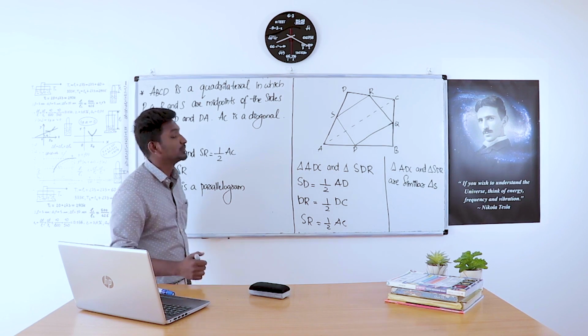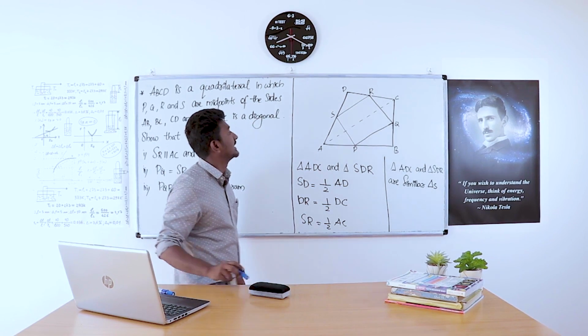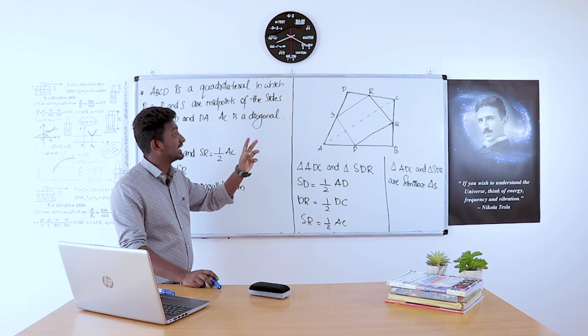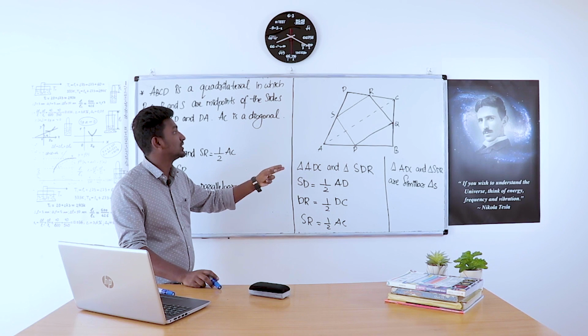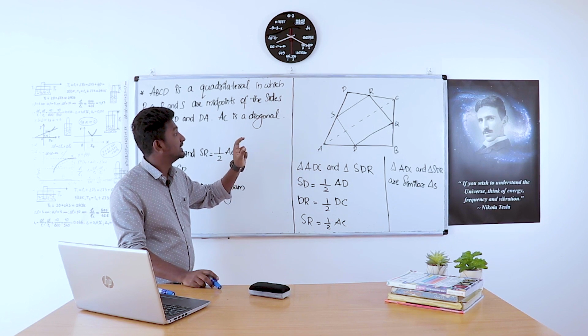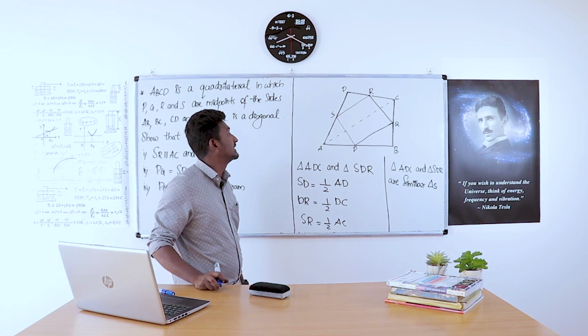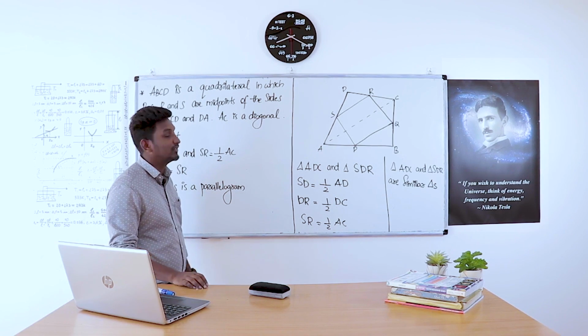The second side of the smaller triangle, DR, is half of the second side of the larger triangle, DC. Then for similar triangles, the ratio of sides should be the same. So for the third side also, the third side of the smaller triangle, SR, should be half of the third side of the larger triangle, AC. That means SR should be equal to half of AC.